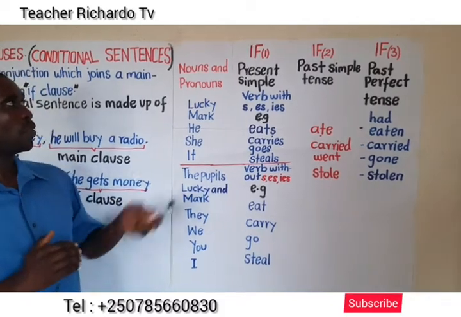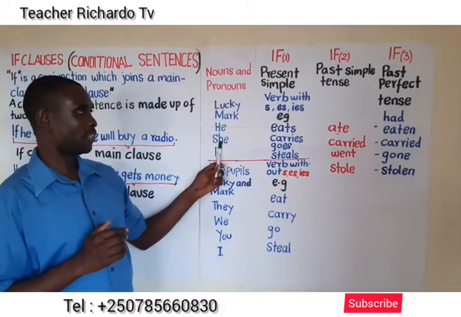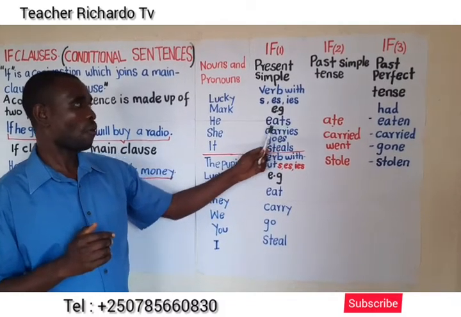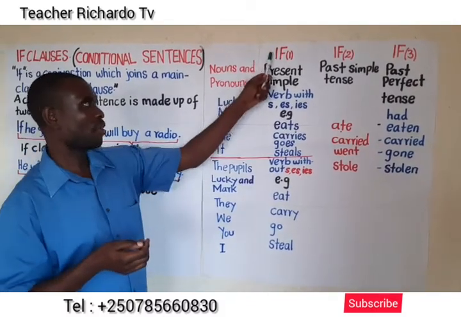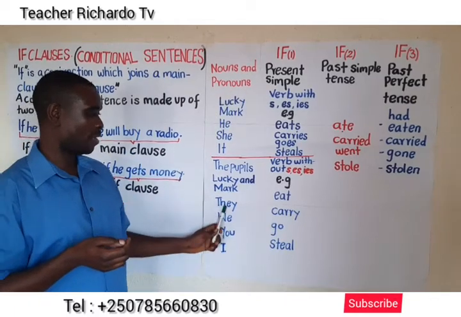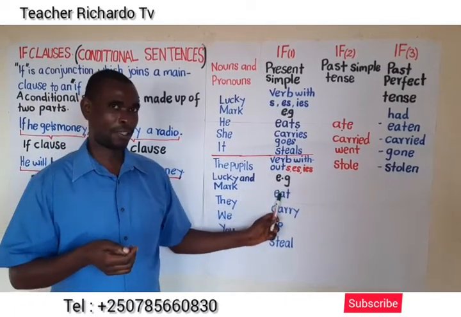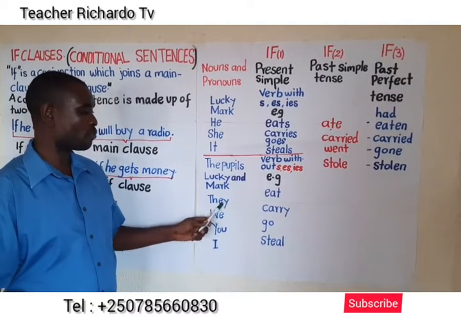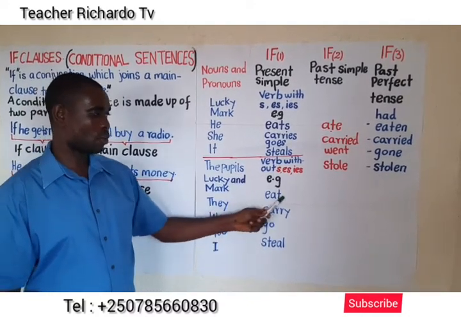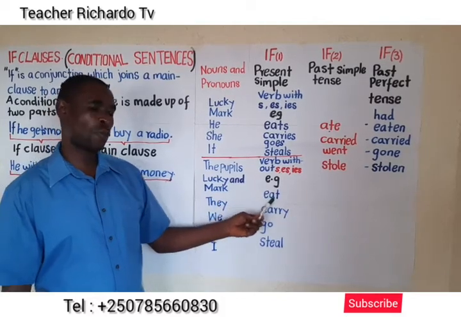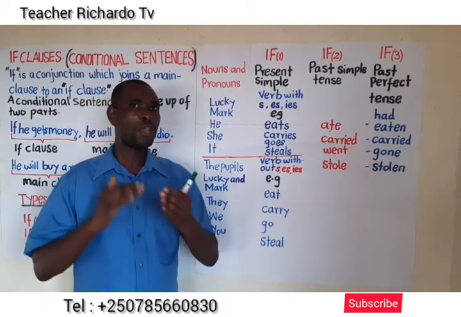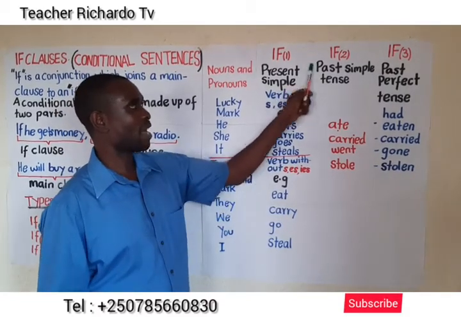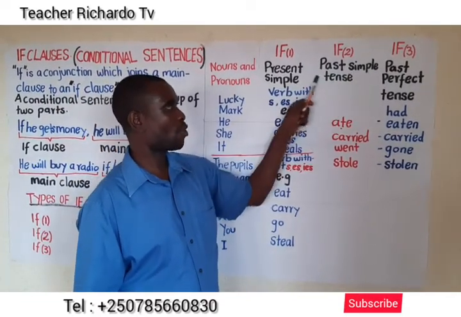For example, if she eats, or we can say if they eat, because they is a pronoun in plural form, so there is no need of adding s on the verb.